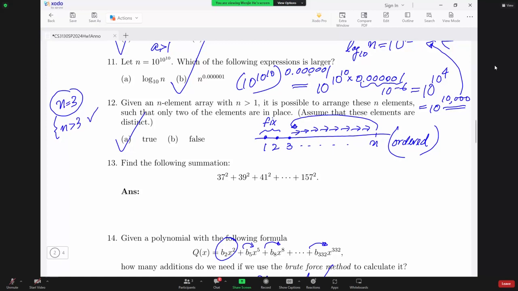Based on that, is it possible to arrange, assuming distinct? Then I should modify. Possible to modify.